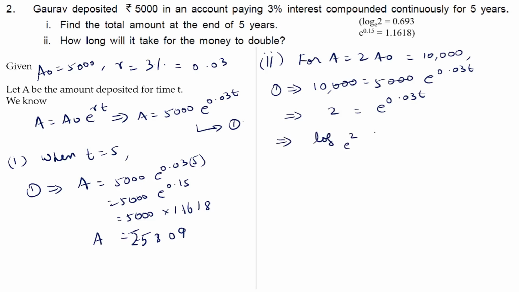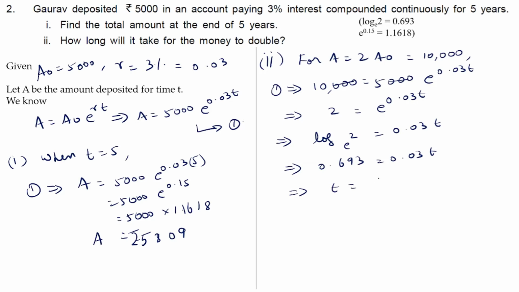Log 2 to the base e equals 0.03t into log e, which is 1. Now log 2 to the base e is 0.693, so 0.693 equals 0.03t.